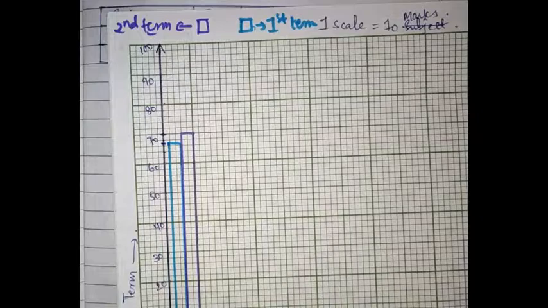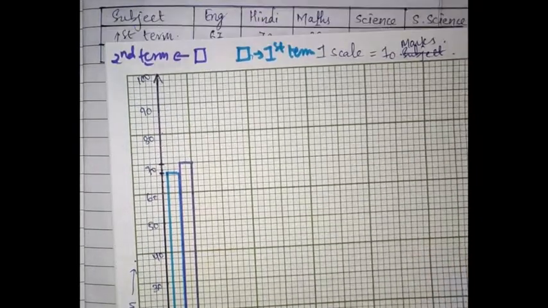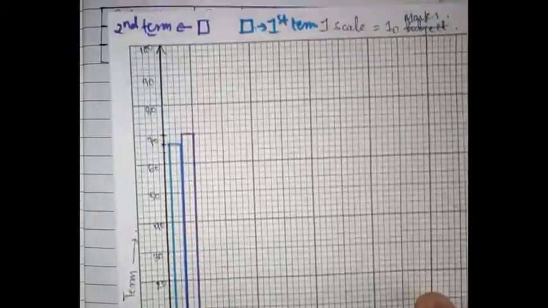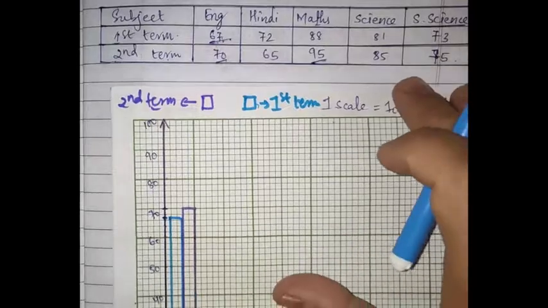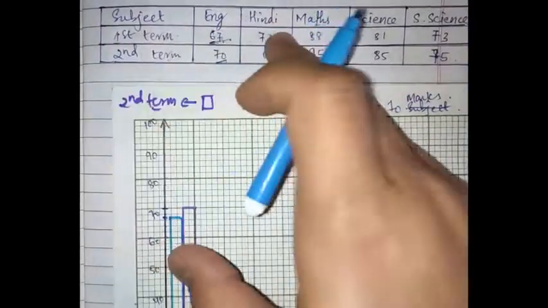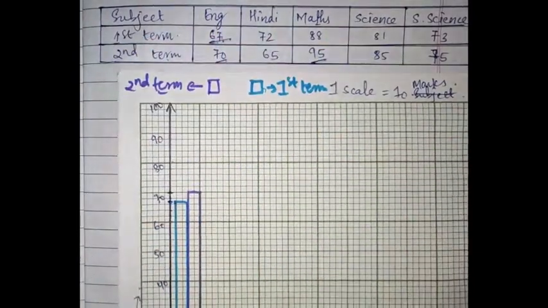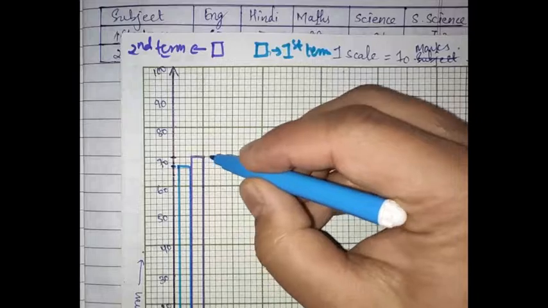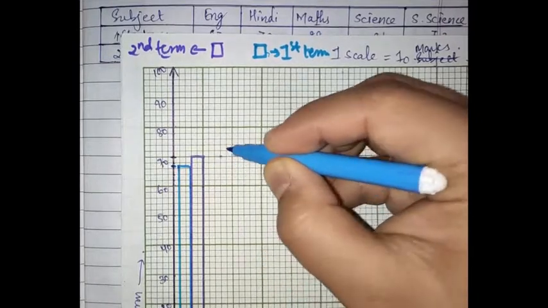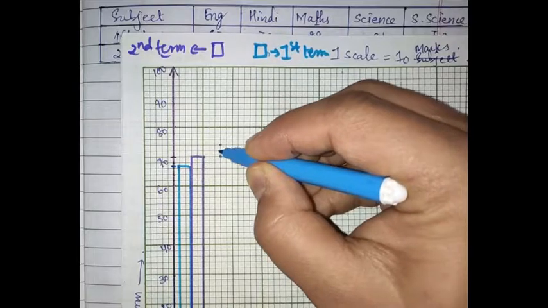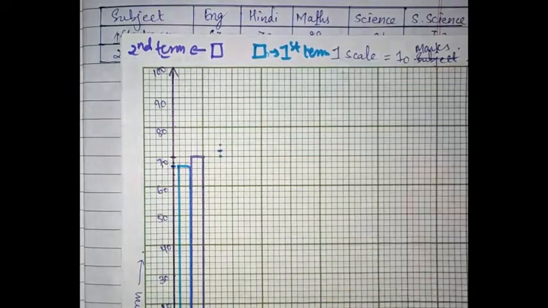Similarly we will proceed further, but before that we are going to write ENG for English. Similarly we will try for the other one, that is Hindi. In the first term he has obtained 72. That 72 will be over here, 70, 71, 72.